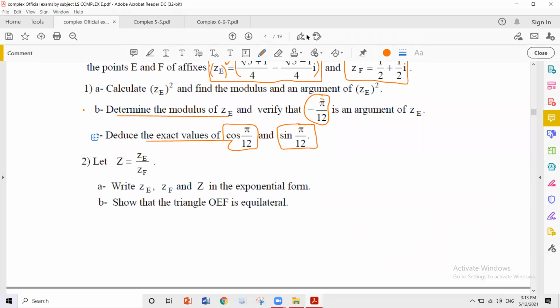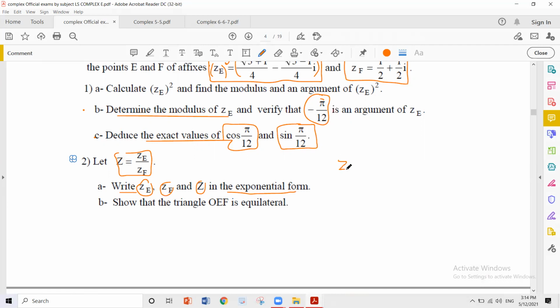Let Z equal ZE over ZF. Write ZE, ZF, and Z in the exponential form.